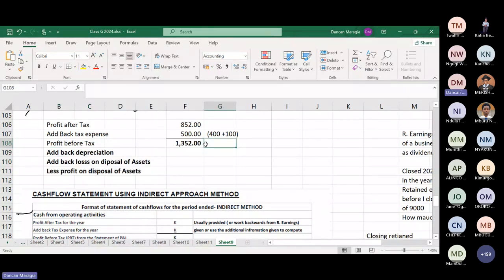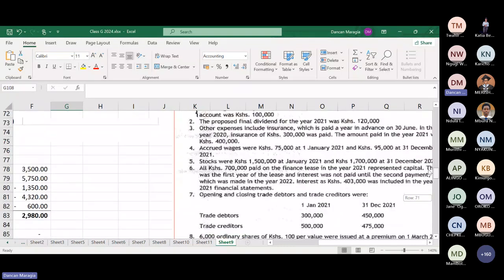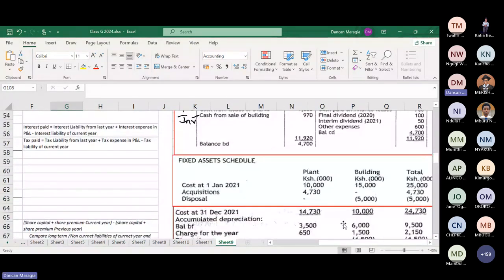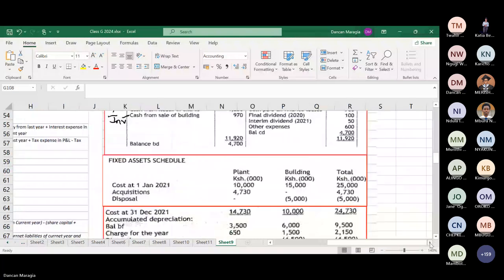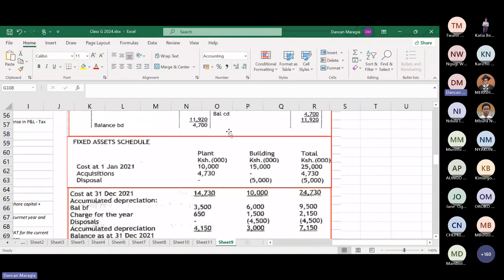Majorly, you can pick them from the statements. Now here, the good thing in the question, we were given the asset schedule, which shows the movement here. The fixed asset schedule. And we also sold a building in the year. So let's first check on the fixed asset schedule.